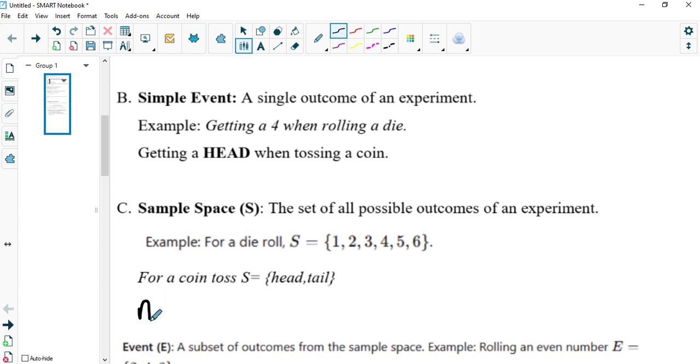So we can call that one as another example of a sample space. So in a match we are saying that the sample space, the possible outcome, is either for a team to win, to lose, or to draw.